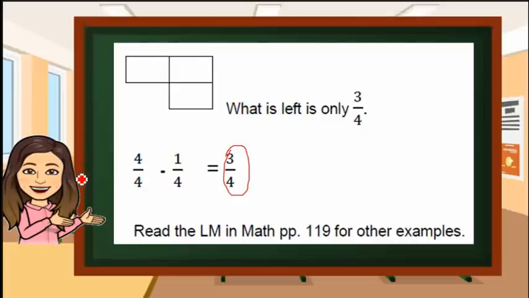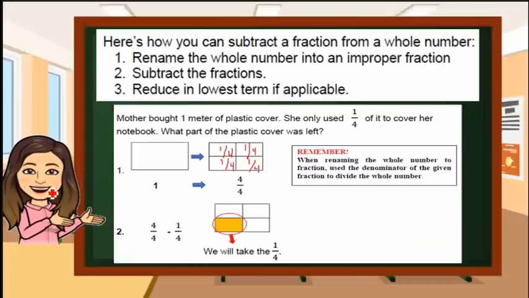So that is how easy you can subtract a fraction from a whole number. You just have to rename the whole number to a fraction. Use the denominator of the given fraction to divide the whole number, okay?